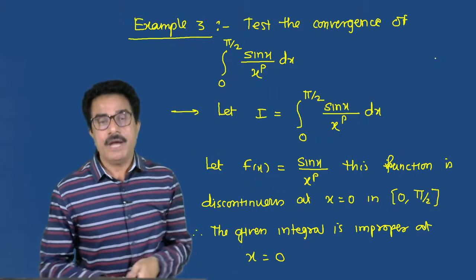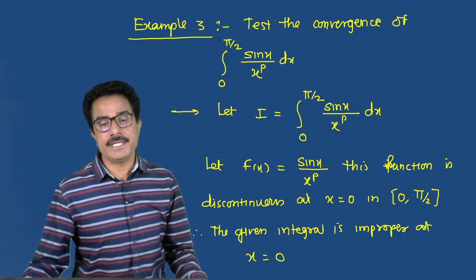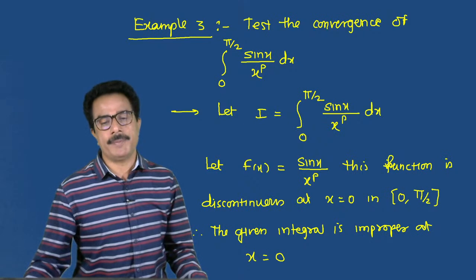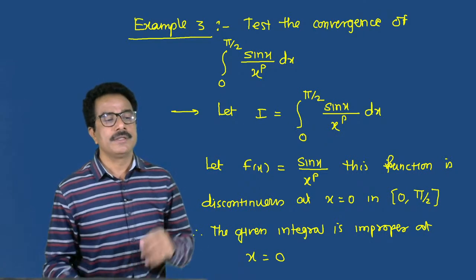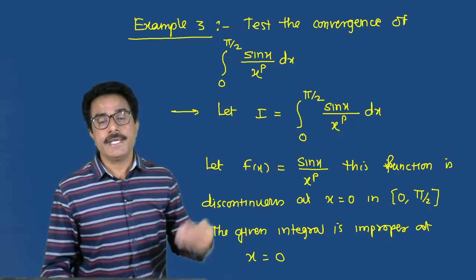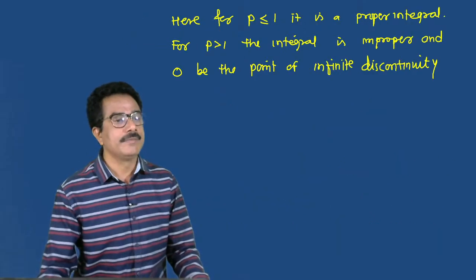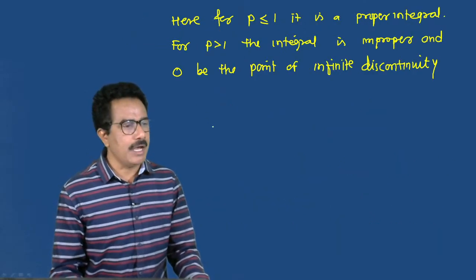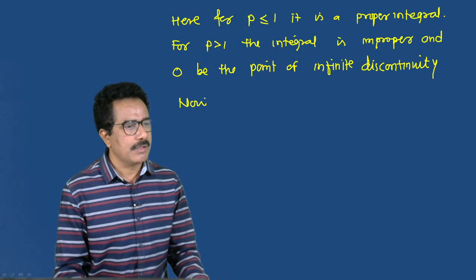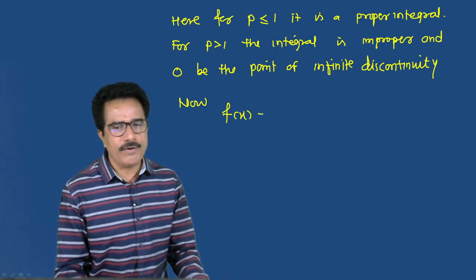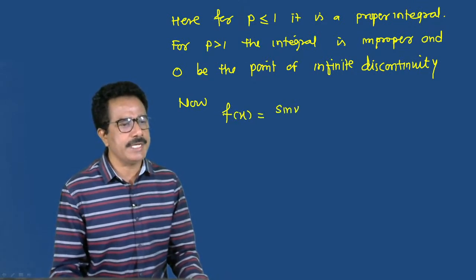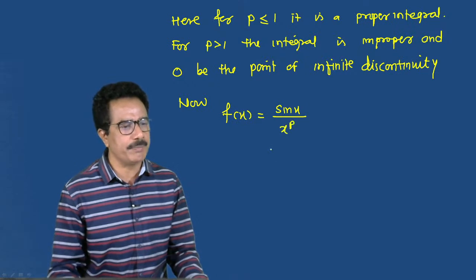Now our aim is to check whether the given integral is proper or improper. That means we have to express it in separate form. We can write f of x equals sin x divided by x raised to p.